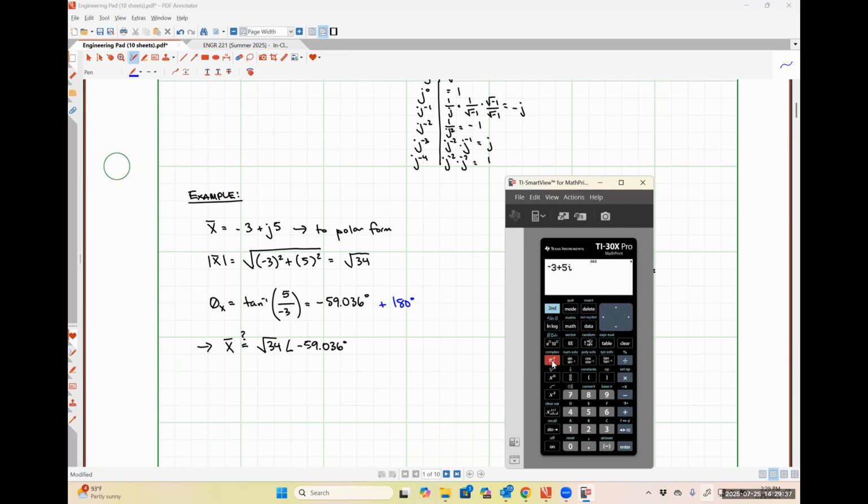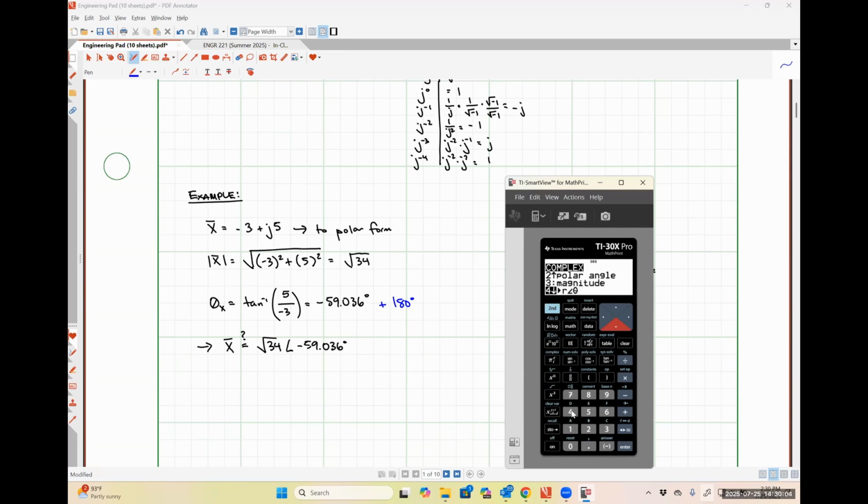And if I press it a third time, it gives me i, which is the imaginary operator that we're interested in. Then I'm going to press second and the pi button, and that's going to bring up my complex menu. I'm just going to scroll down here to option 4, which literally just converts whatever I have on my screen into polar form.